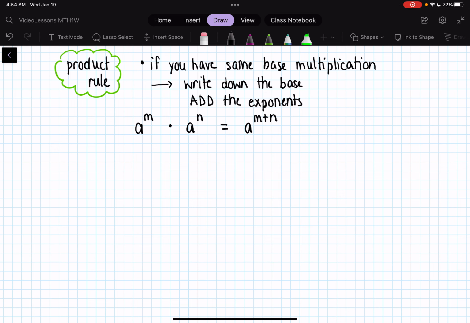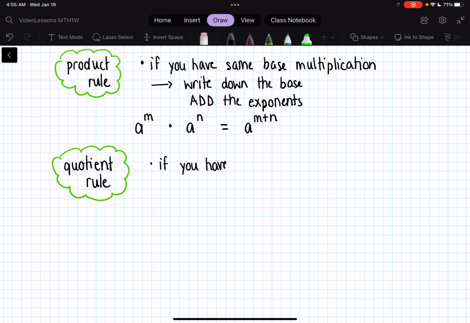Then we have the quotient rule, and the order of the rules doesn't matter. It's not like there's rule 1, rule 2. So the quotient rule, and remember the quotient is found when we are dividing.